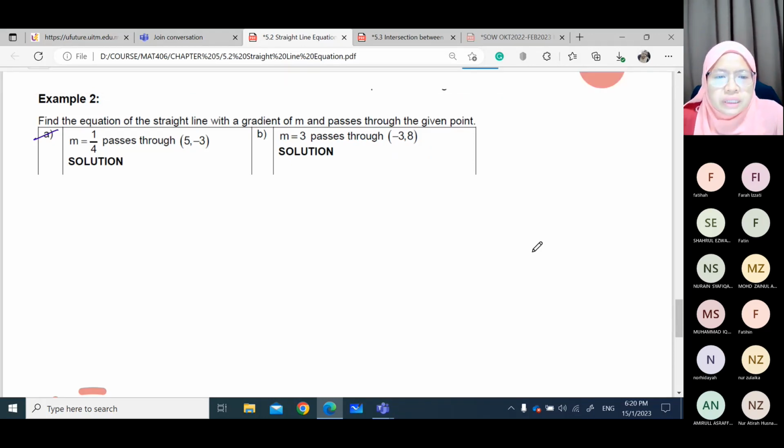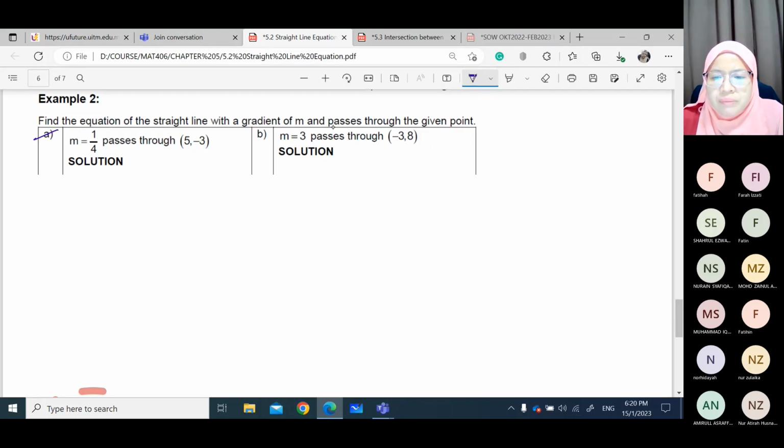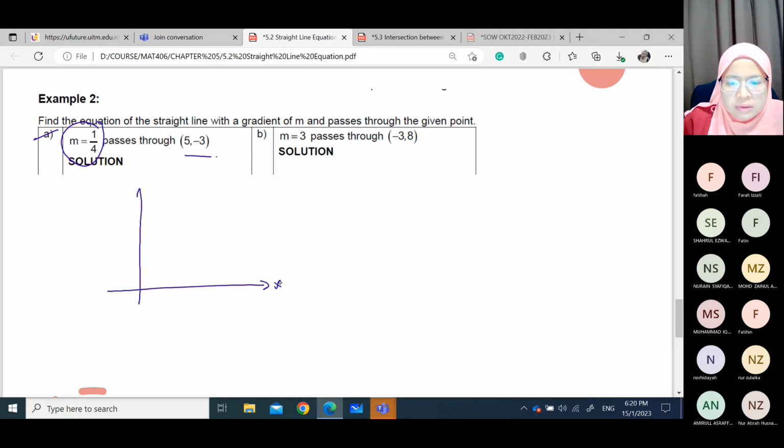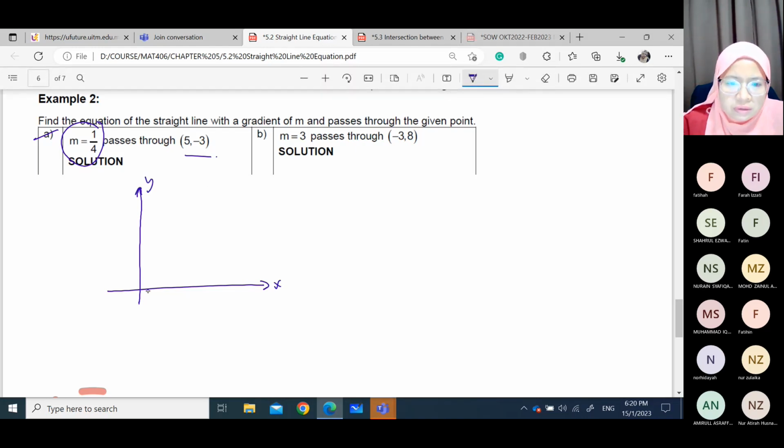Example 2, find the equation of the straight line with a gradient of m and passes through the given point. Okay, so we have this gradient m equal to 1/4 and passes through 5, negative 3.